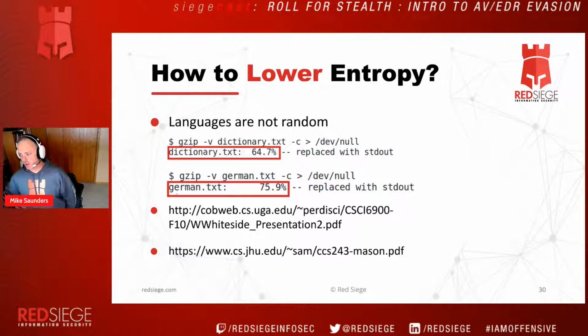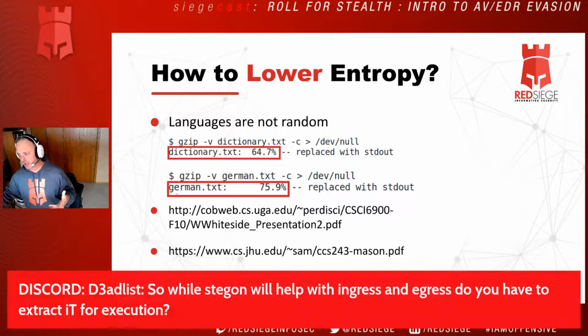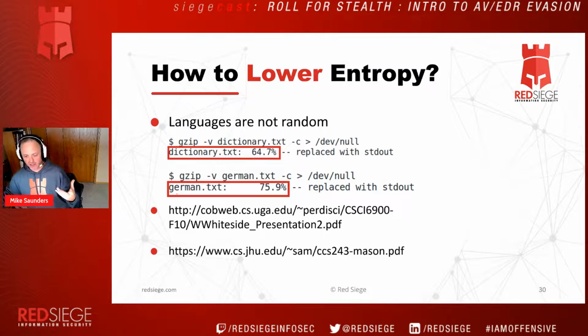So Deadless asked whether Stego will help with ingress and egress. You do have to extract it for execution. Yeah, absolutely. You're going to have to extract the shellcode out of that image, and then you're going to have to put it someplace in memory and execute it.